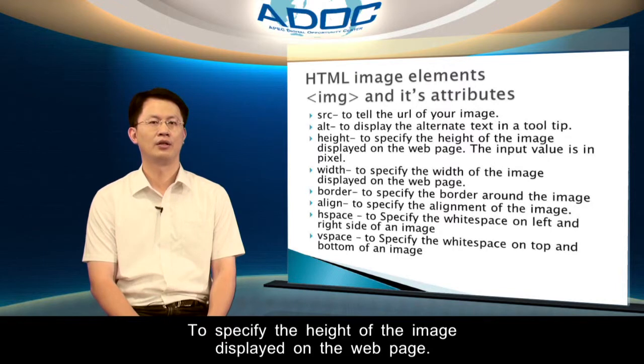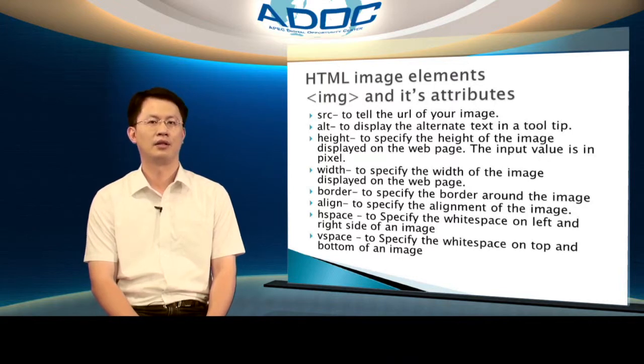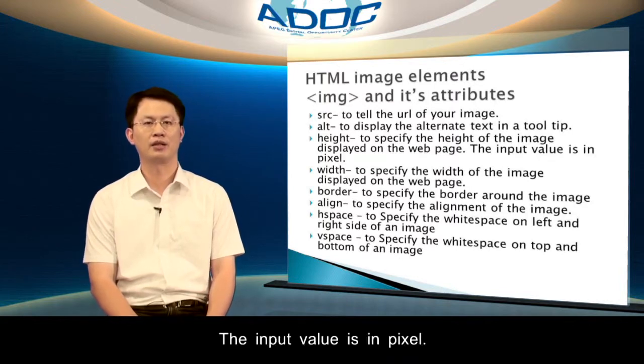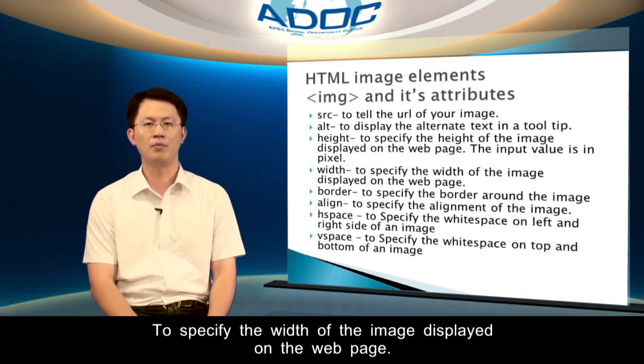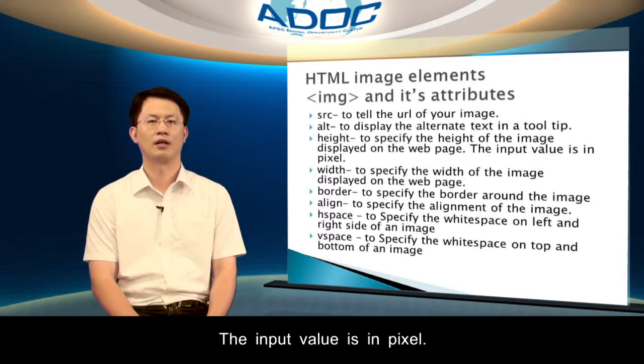Height specifies the height of the image displayed on the web page. The input value is in pixels. Width specifies the width of the image displayed on the web page. The input value is in pixels.